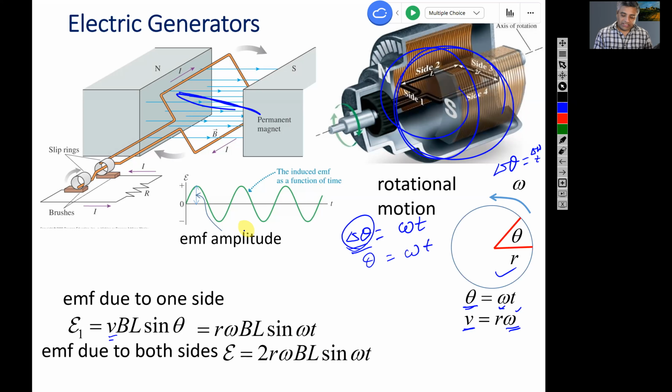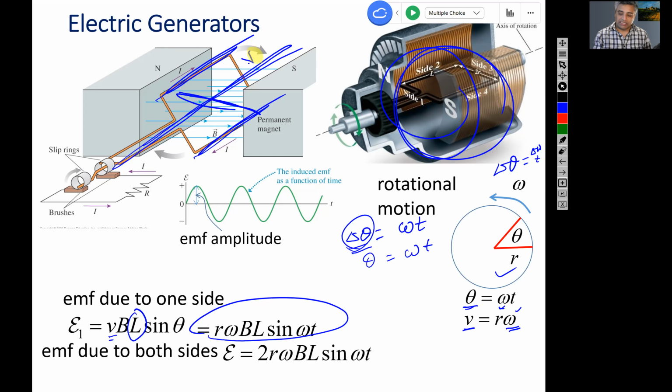So this is assuming this L is one side, but there are two sides. So when we do that, you can just double this, right? It becomes 2 times r. And now there is a good advantage of this. So 2 times r times L gives you, see, r is like half of the width.